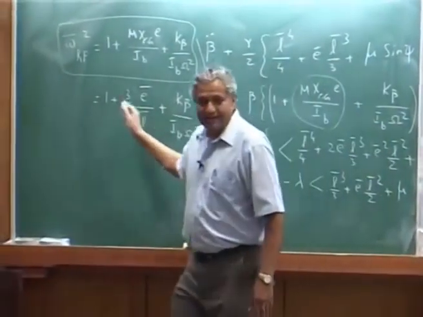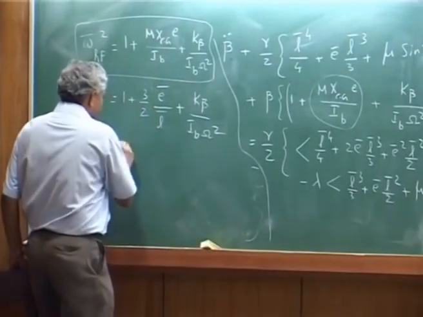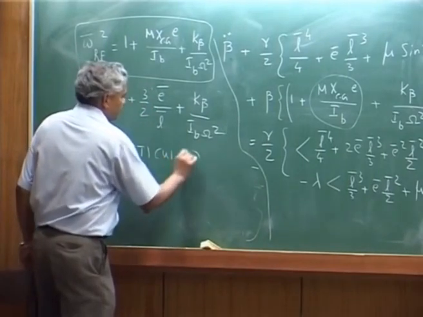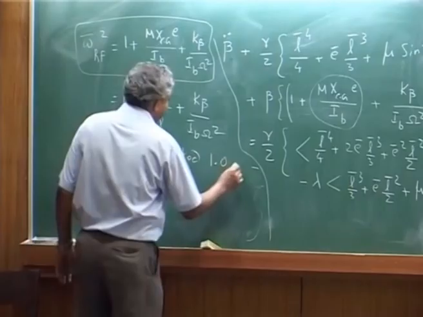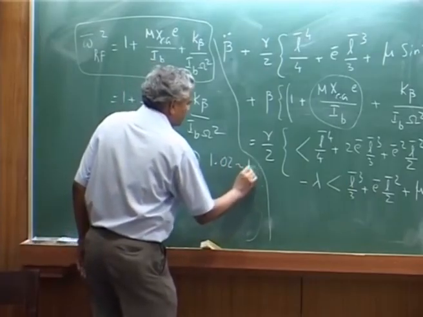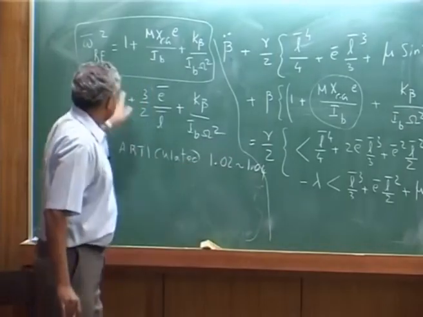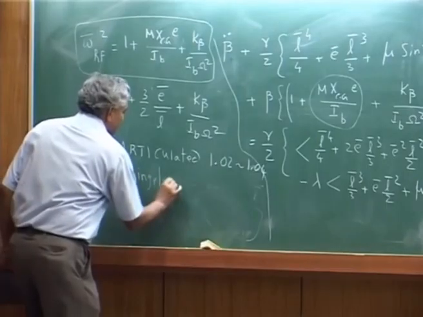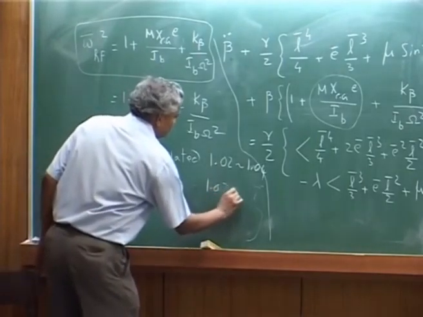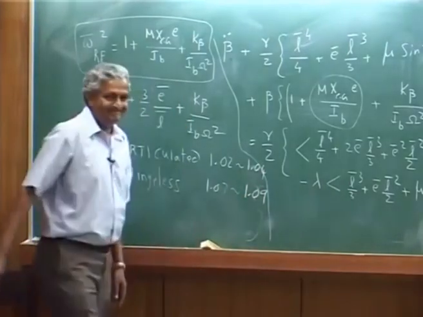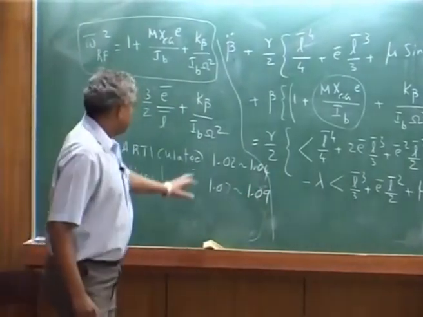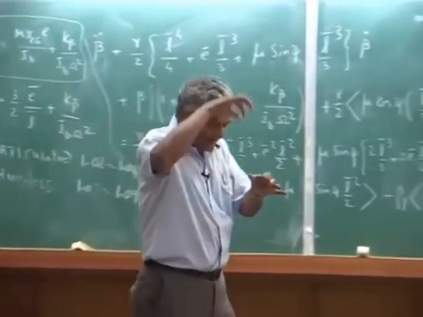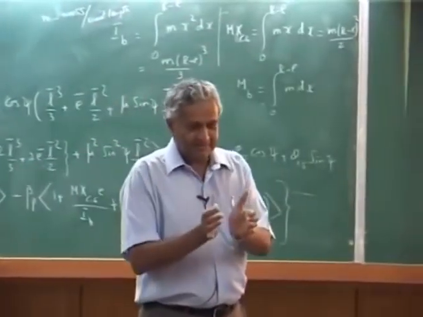So, you usually have in the range of articulated rotor, it is around 1.02 to 1.04, whereas hingeless you go to 1.1 sometimes, because physically you need to have some, because you can't put the blade right at the center, there is a physical dimension.